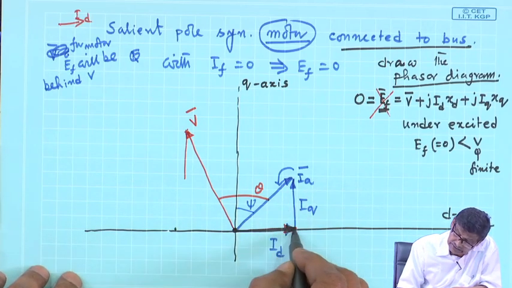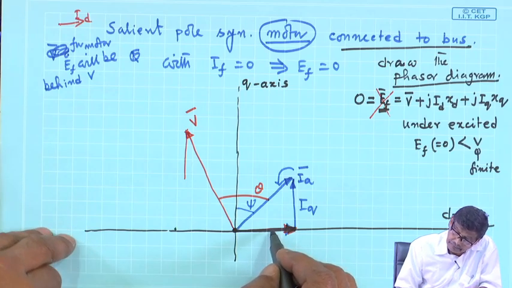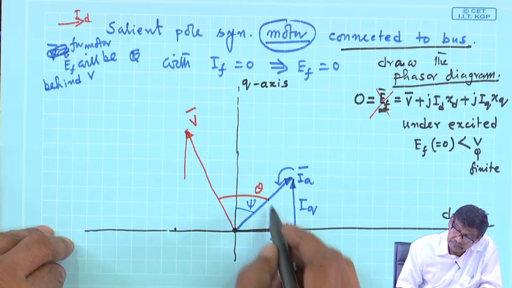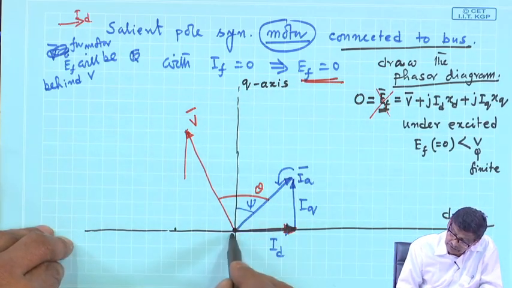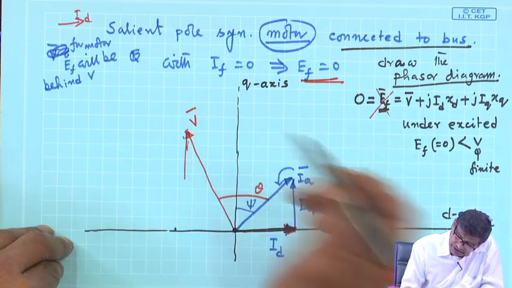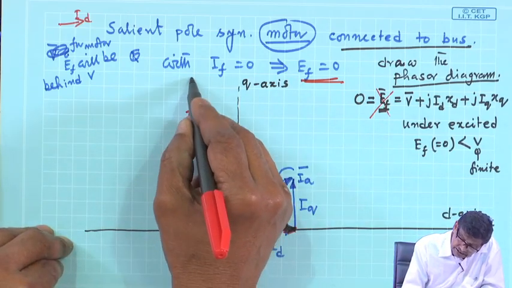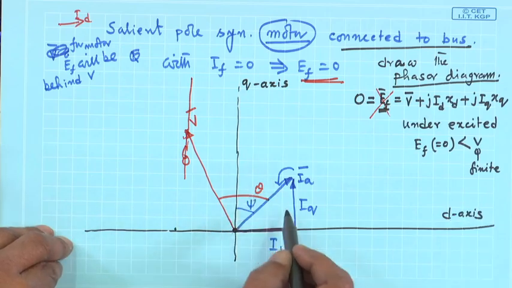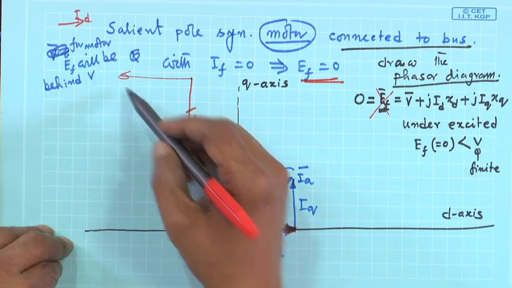Id is this way, V, Ef is 0, lagging. So, j Id Xd, let me draw whatever it is giving, then we will conclude. j Id Xd is like this, V plus j Id Xd, j Iq Xq is like that, and then this will be your Ef.